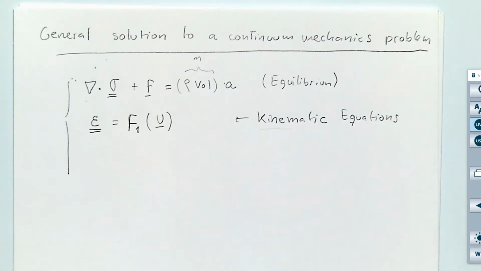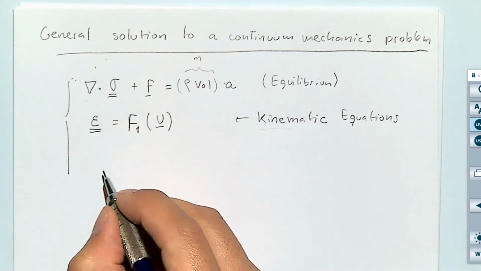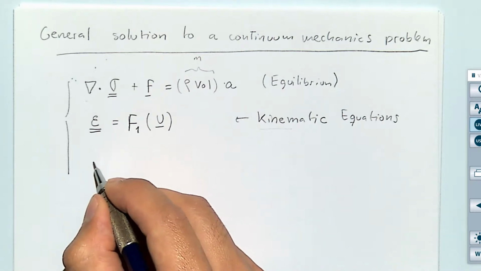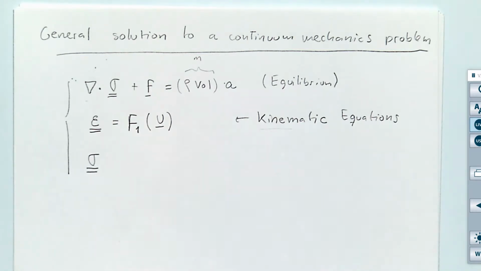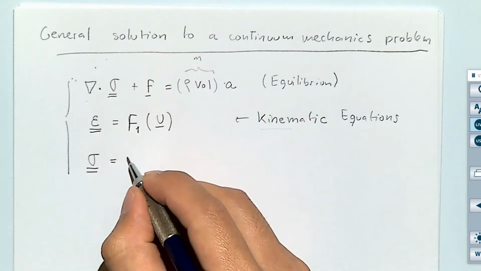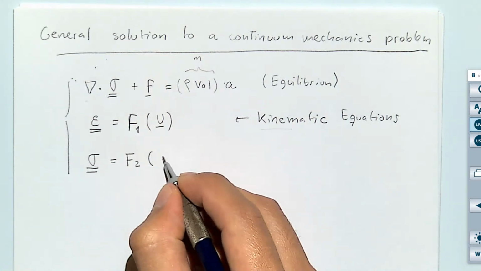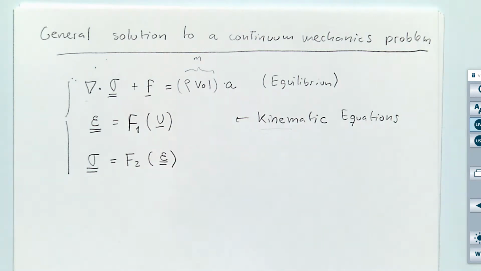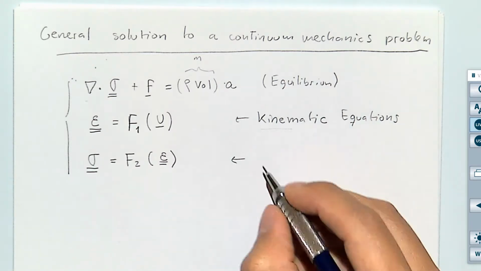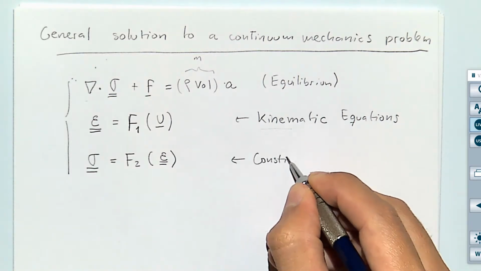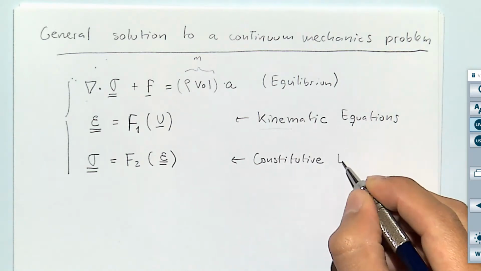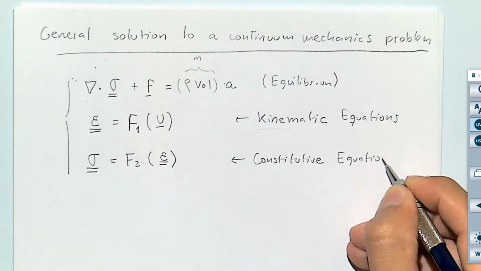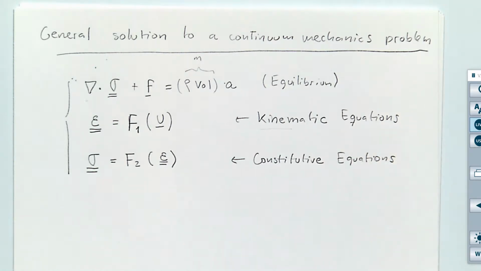The third equation that we are going to need links stresses to strains. So if we know the strains, we can tell what the stresses are. This bears the name of constitutive equations, and they depend on the properties of the materials.